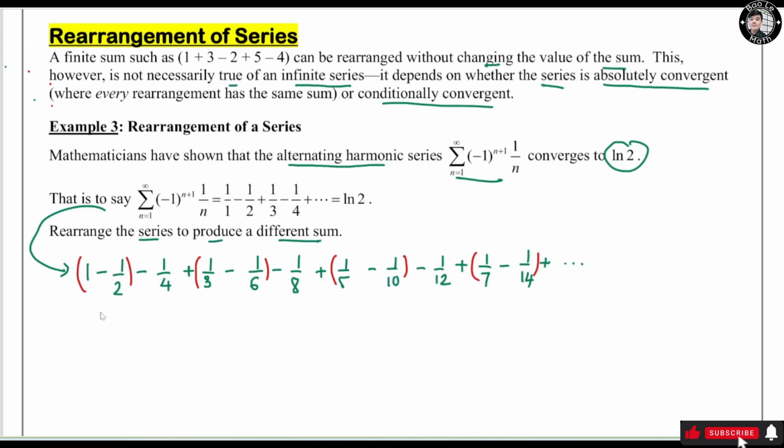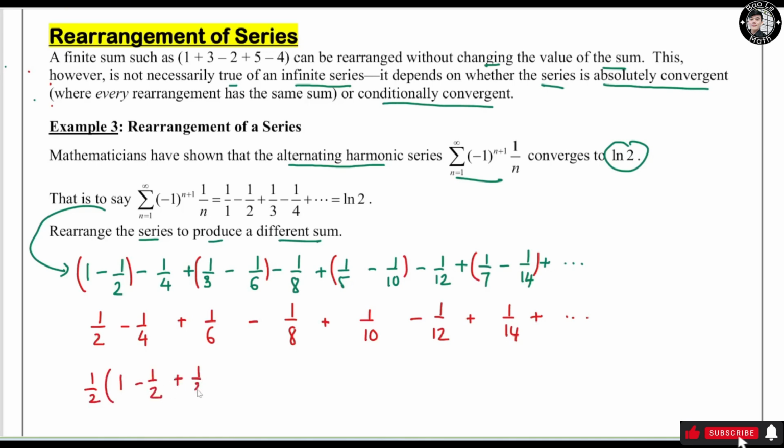So 1 minus 1 half is going to be 1 half, minus 1 over 4 plus 1 over 6 minus 1 over 8 plus 1 over 10 minus 1 over 12 plus 1 over 14 plus etc. Now I'm going to factor 1 half out, so it will be 1 half times 1 minus 1 over 2 plus 1 over 3 minus 1 over 4 plus 1 over 5 minus 1 over 6 plus 1 over 7 minus etc., right?